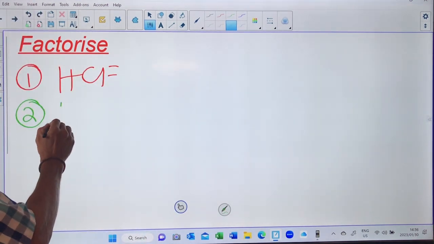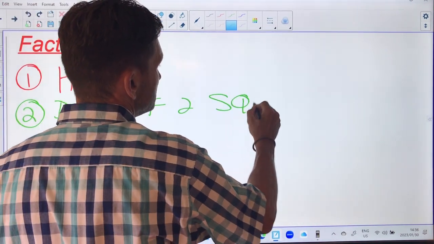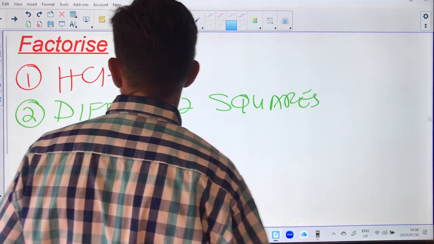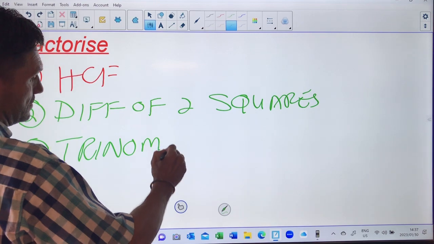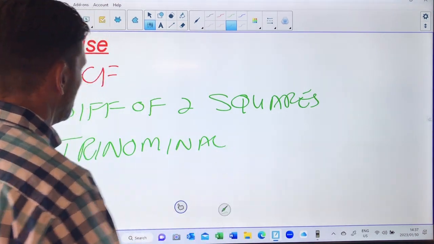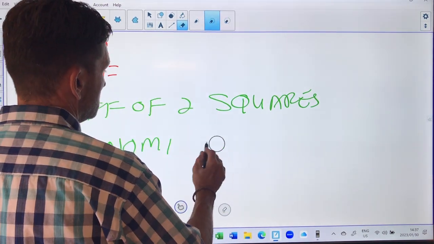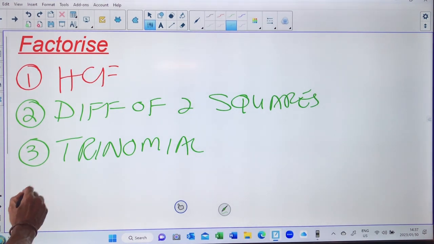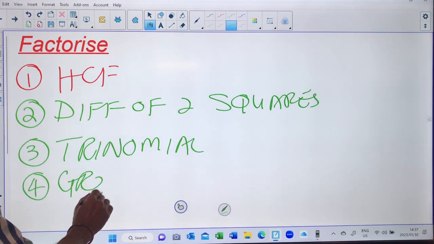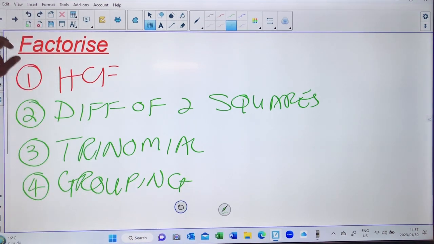Then difference of two squares, and then trinomial. And then after this we do grouping. So I've picked a few examples that we're going to do. You need to make sure that you do it in that order, check for them.